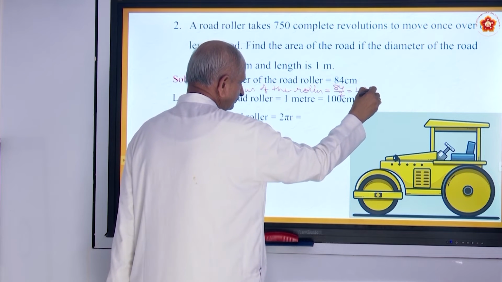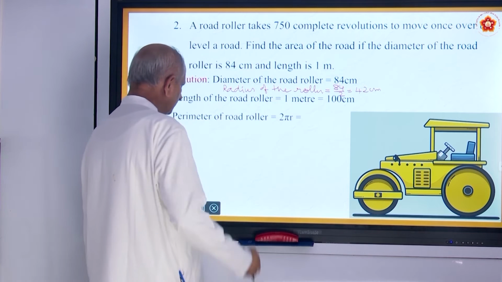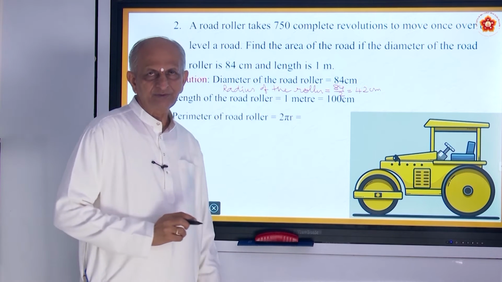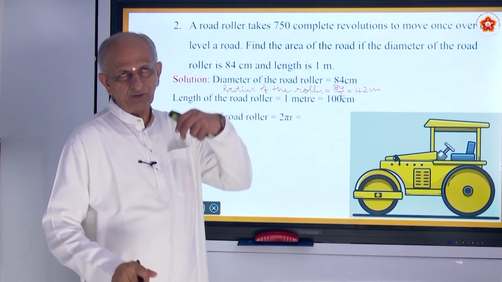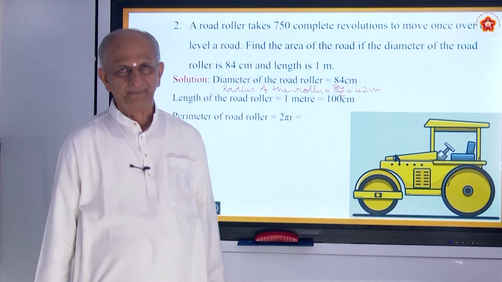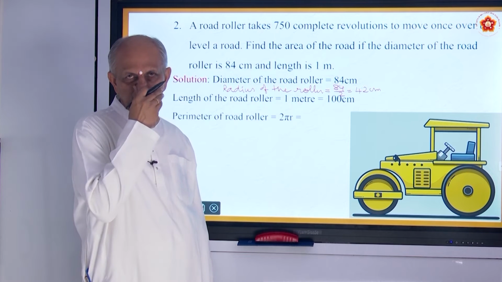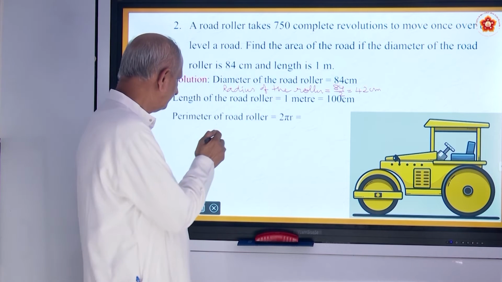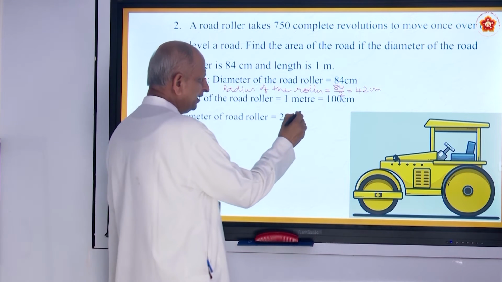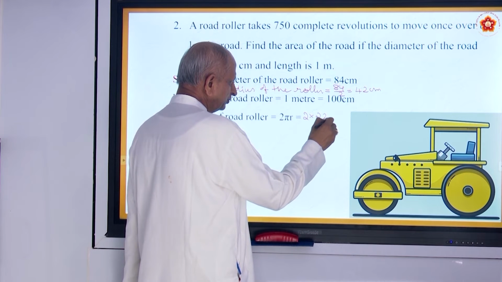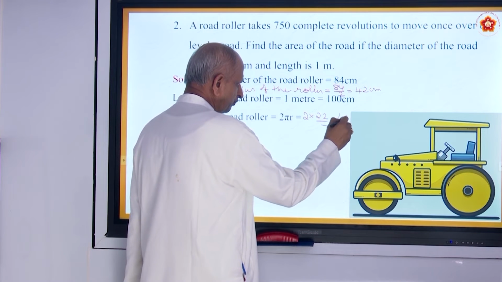It's 42. Now perimeter of the road roller. Why do you want perimeter? Because when the roller rotates once, it covers a perimeter. The formula is 2 pi r, 2 into pi into r, 42.